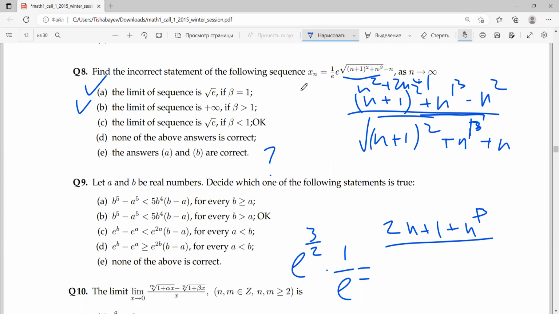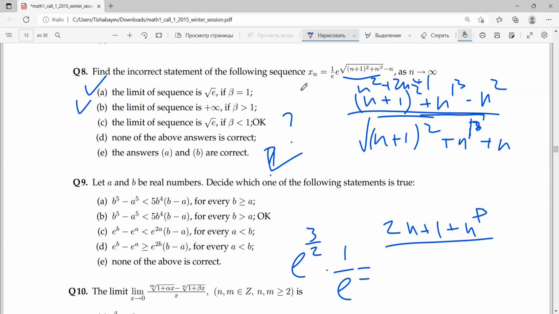It tends to 0. So it will be 1 over e, just not the square root of e. So that's why it's not correct. We need to find the incorrect statement here. A and B are correct statements. So the incorrect statement here is C1.